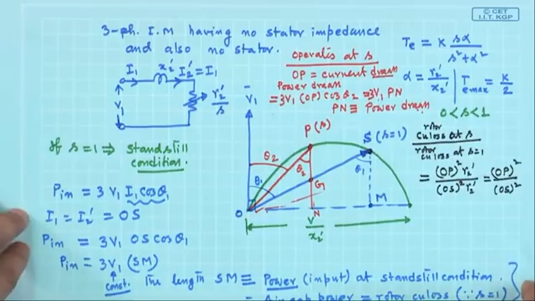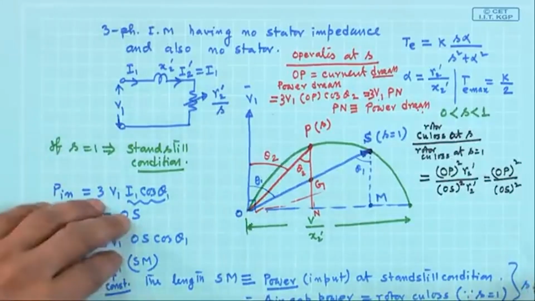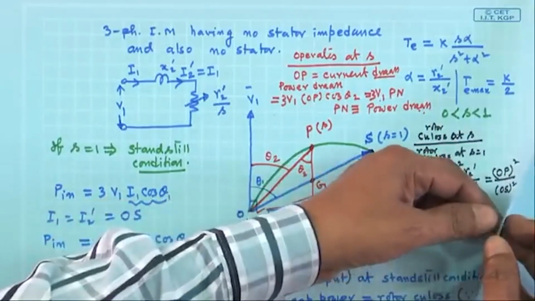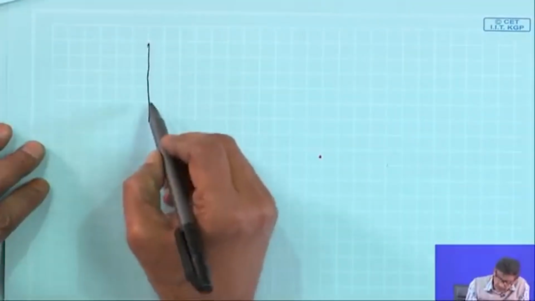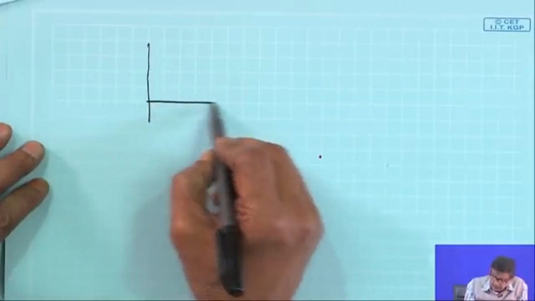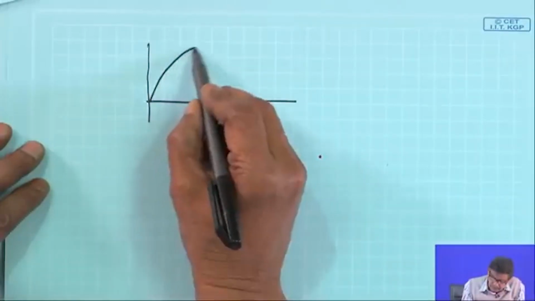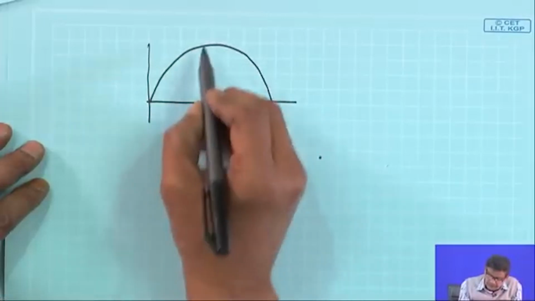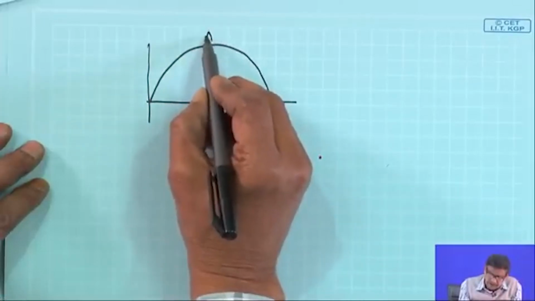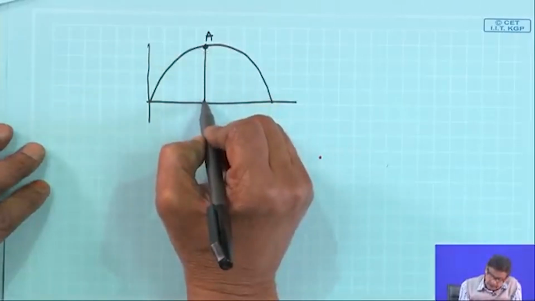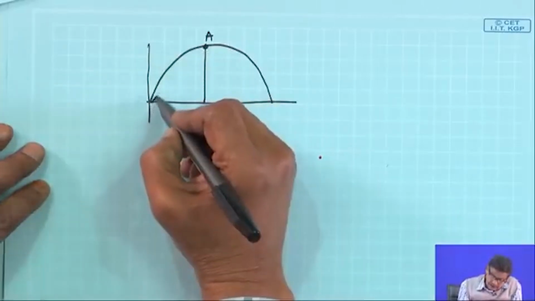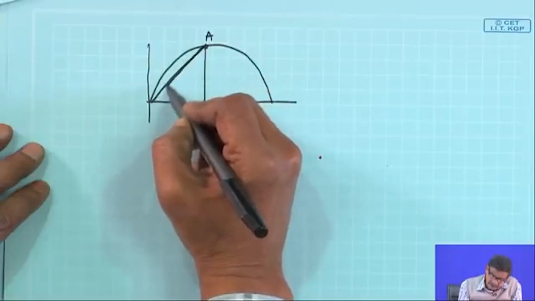Acha. Now, we will use one result of geometry which we have done in school days. I will just very quickly tell: if you have a circle like this, take any point A on the circle and drop a perpendicular on the diameter, and this is an arc.